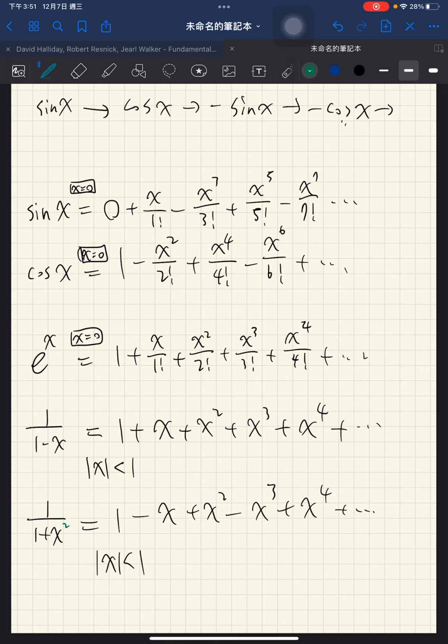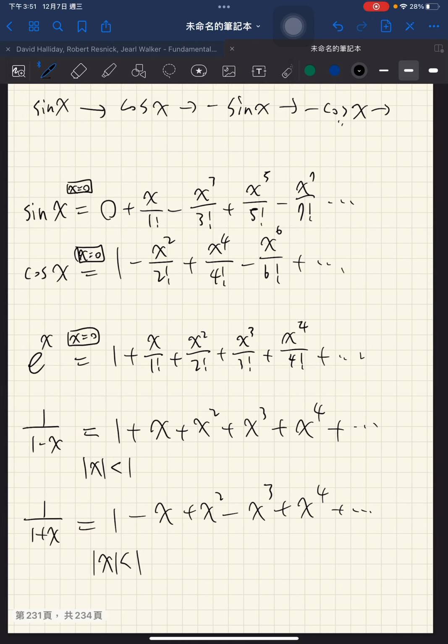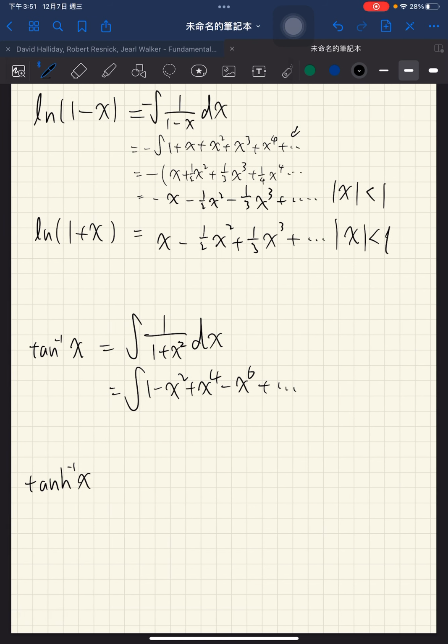So we can get 1 minus x squared plus x to the 4th power minus x to the 6th power, and so on, right? And it will be, oh, forget the dx.